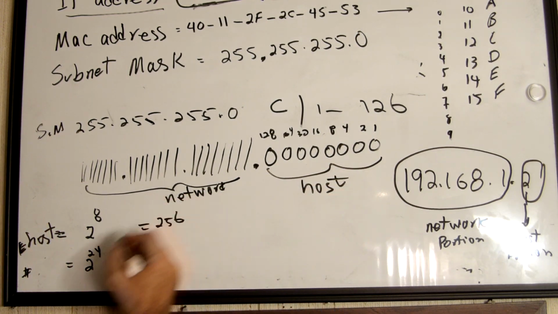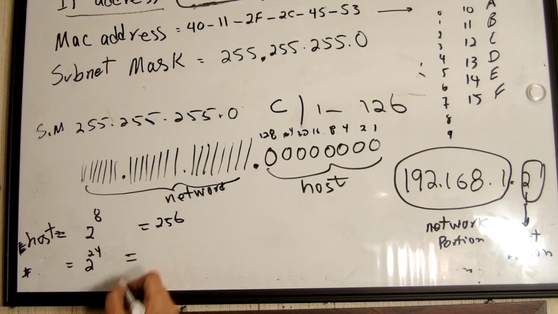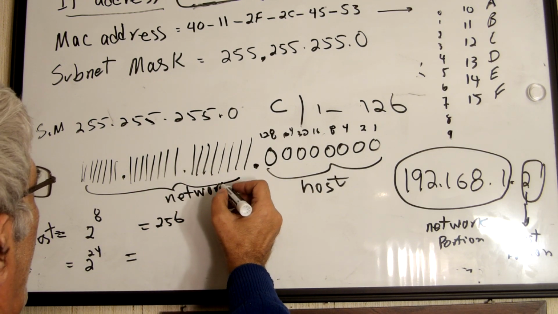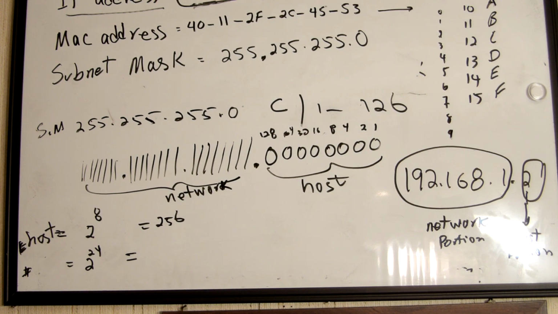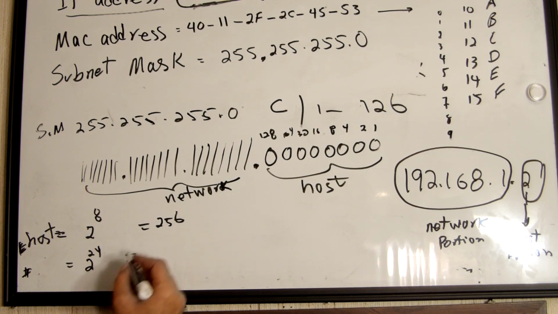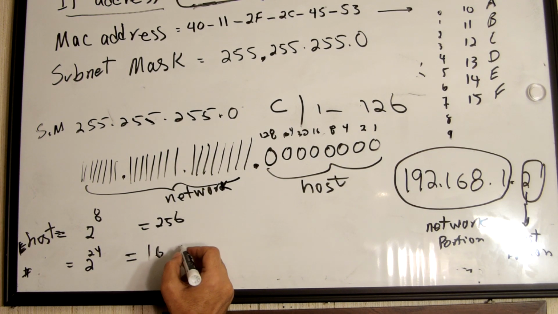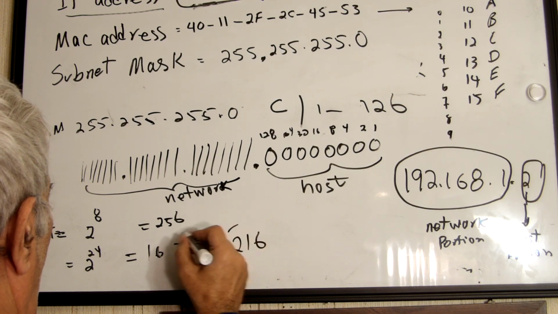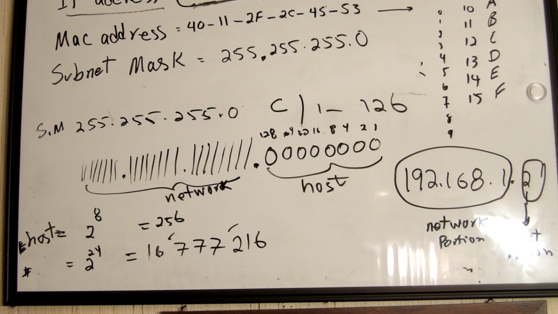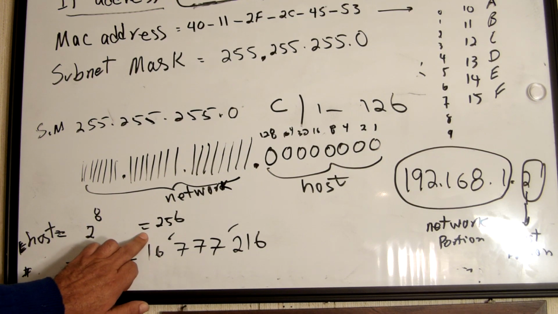If you raise this to the power of 24, whatever it's going to be is the number of networks. So write 2 to the power of 24: 16,777,216. 16 million networks you can have, but 256 hosts.